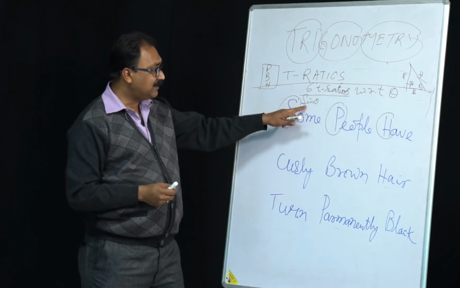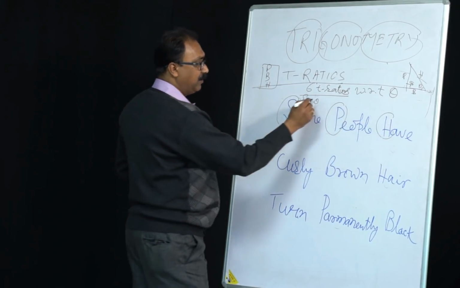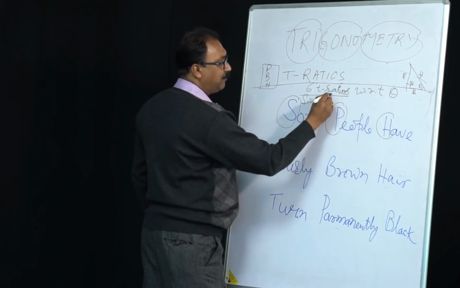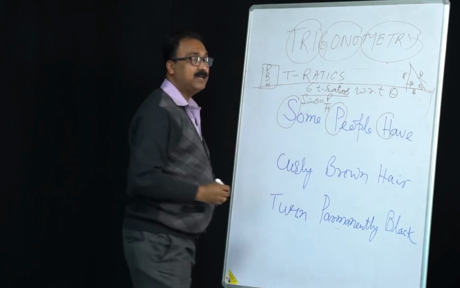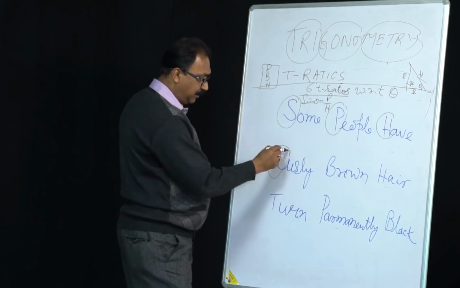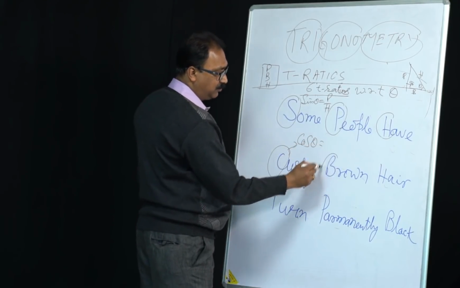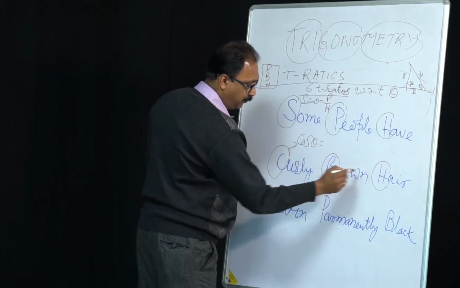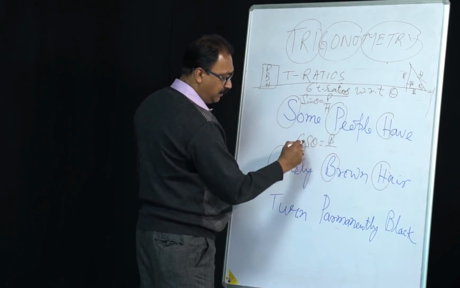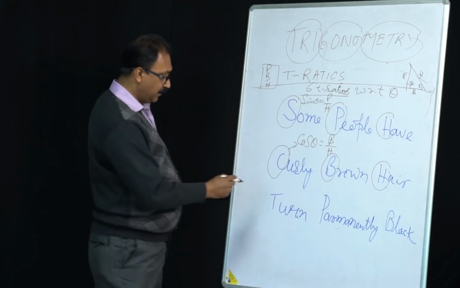So sine theta is P by H. See, we can remember easily: Some people have, sine theta equals P by H. Cos theta, C indicates cos theta. Cos theta is equal to base by hypotenuse. So curly brown hair, you can remember this poem easily. Clear?